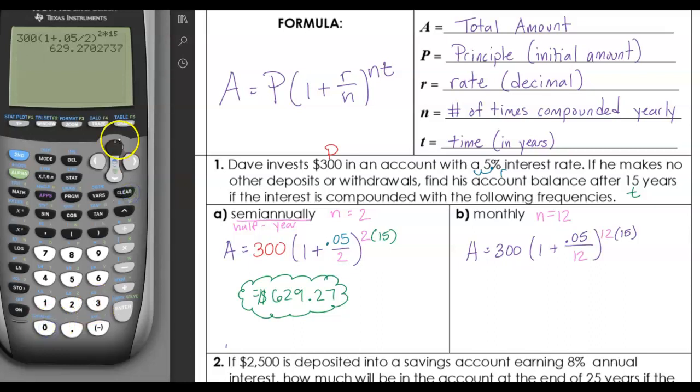Well, what I can do is I can just do this, can't I? Okay. And we have 634.11.